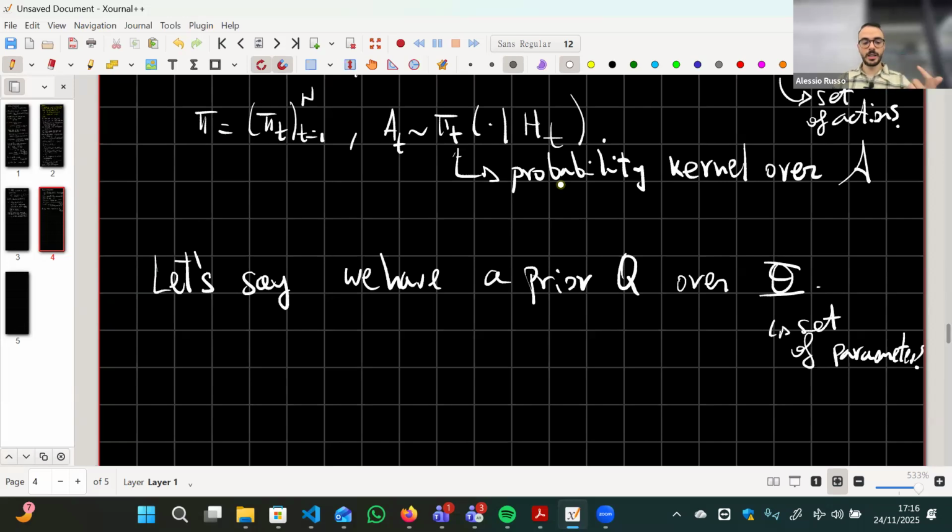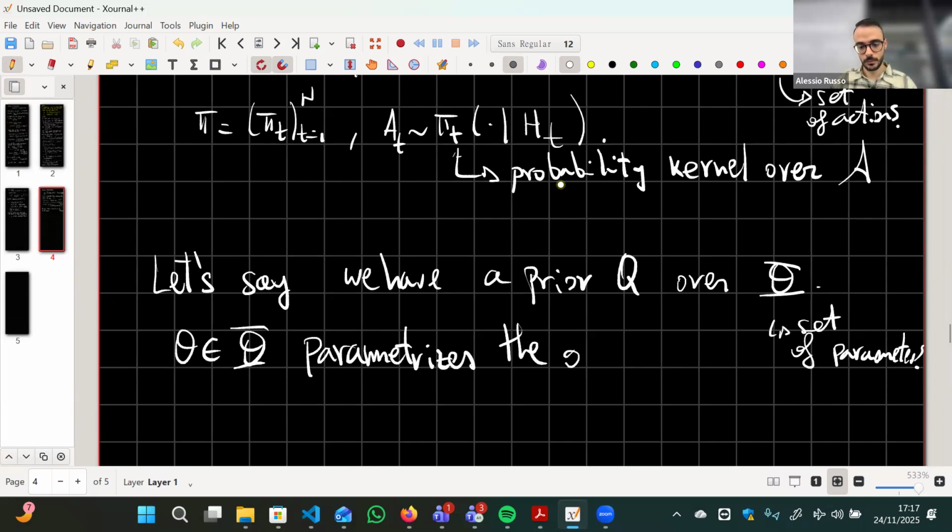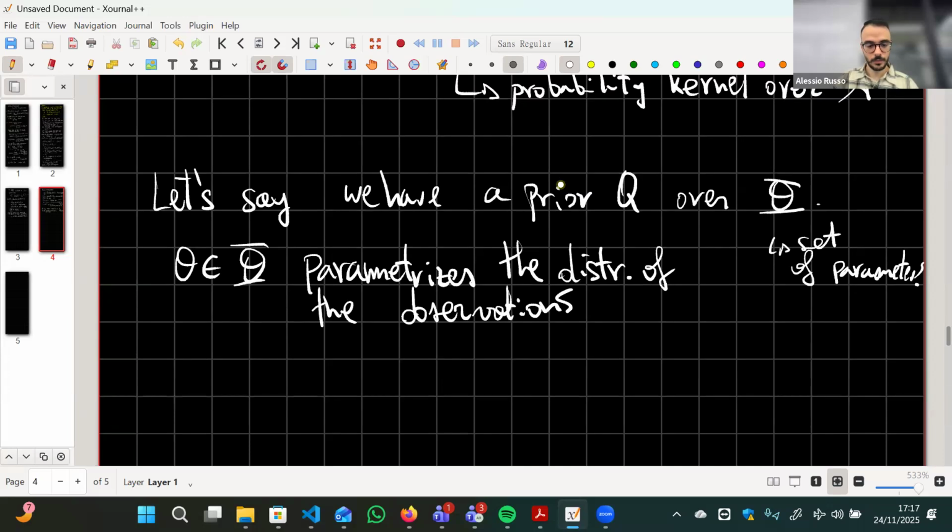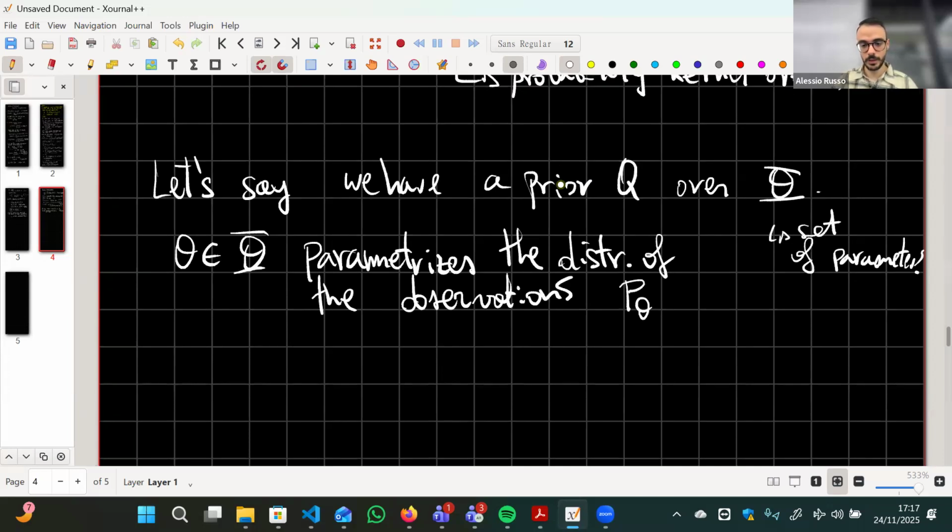And remember that theta is parameterizing the distribution of the observations, P theta.